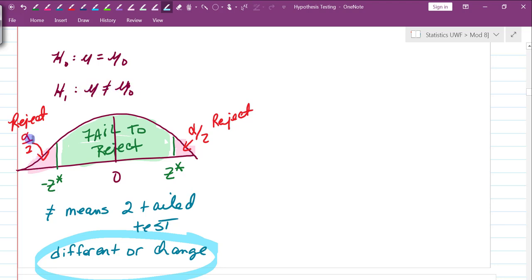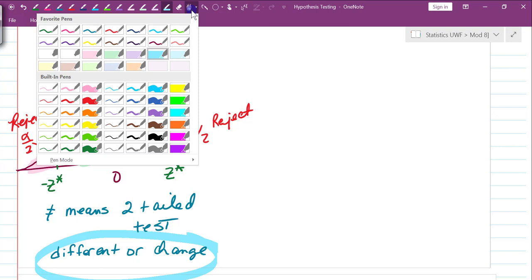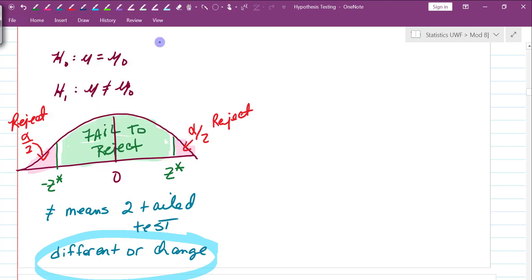Now we have a couple of other scenarios. We have what's called a one-tailed test. So this is a two-tailed test. And then we have our one-tailed test.